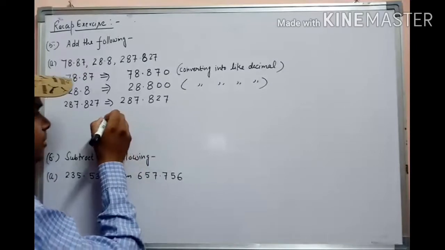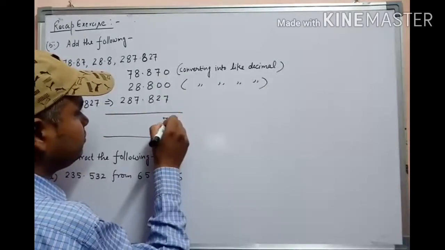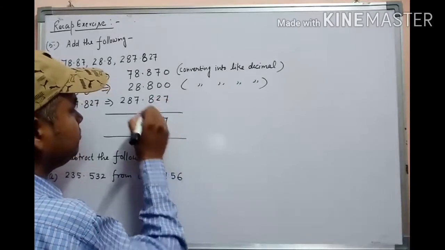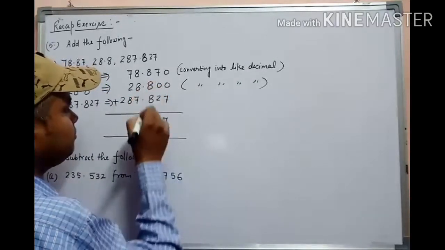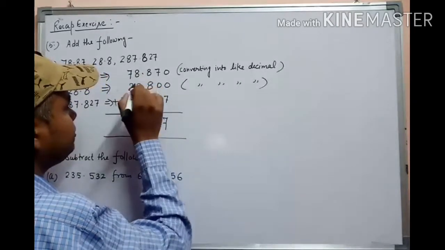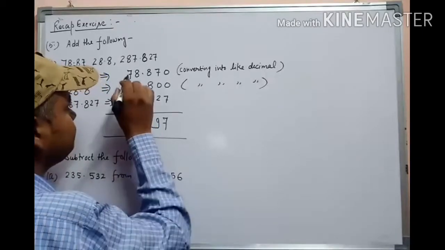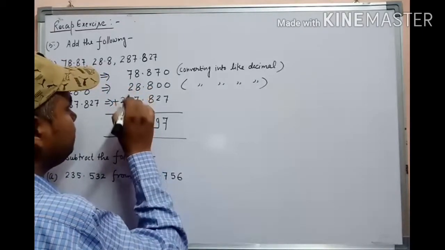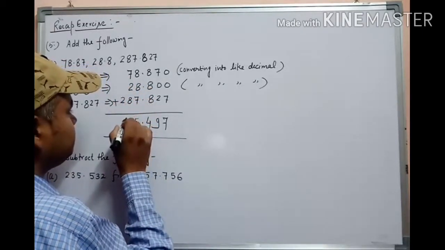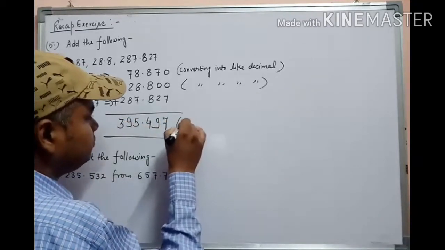Now you have to add: 7, 9, 24 and 10, 18 and 25, 2, 7 to 9, 9 to 11, 11, 8, 19 and 3. So this is the answer.